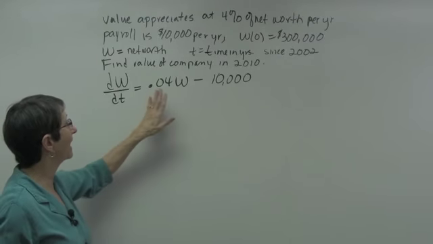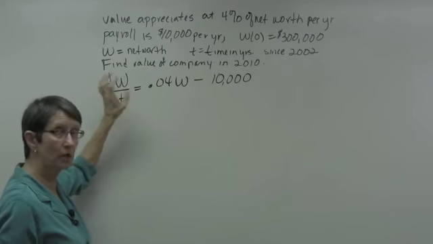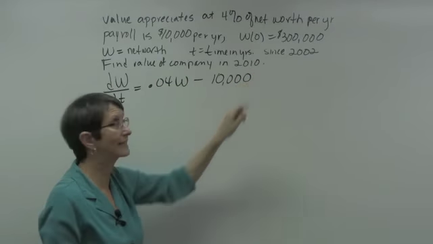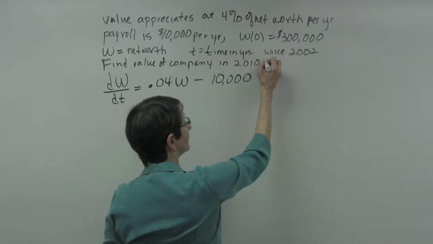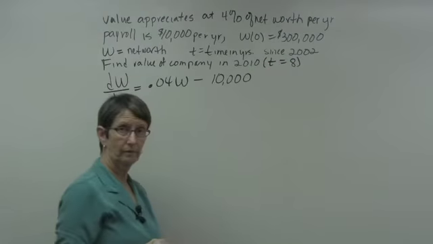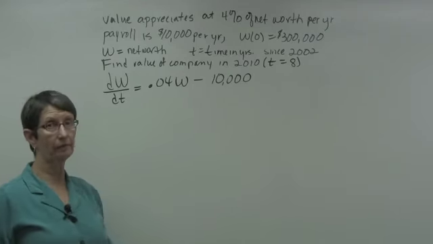So we want to try to find a formula for W where we can then plug in a value that would be 2010, and in 2010, that would be T equal to 8. So we need to develop our formula.